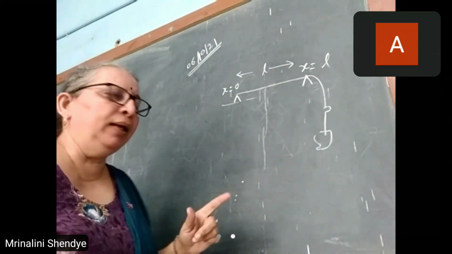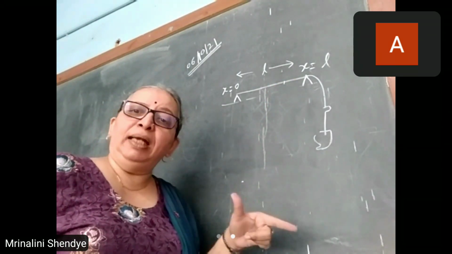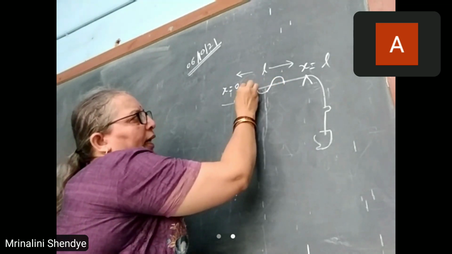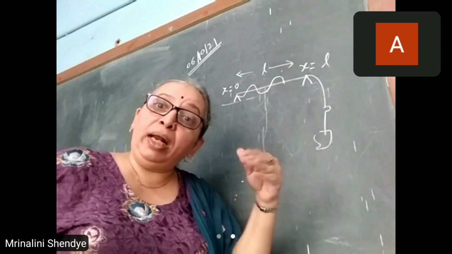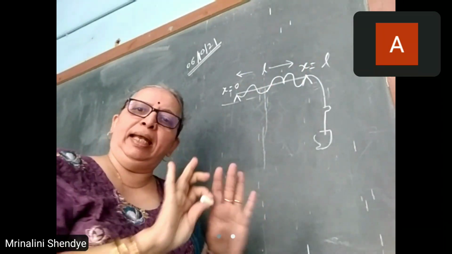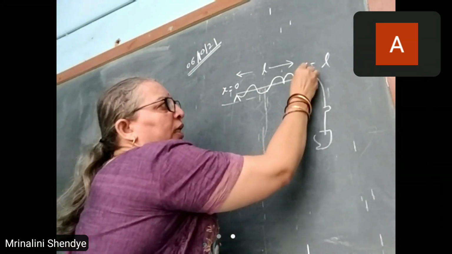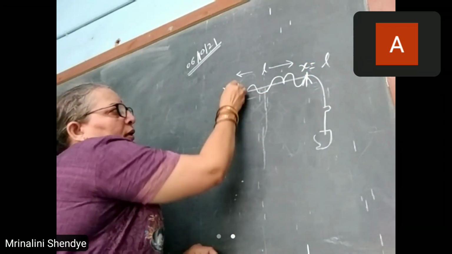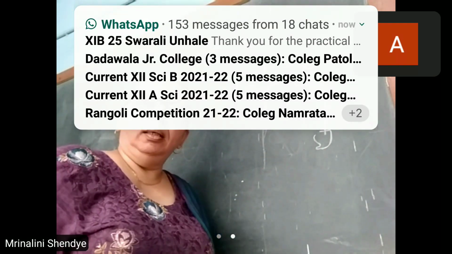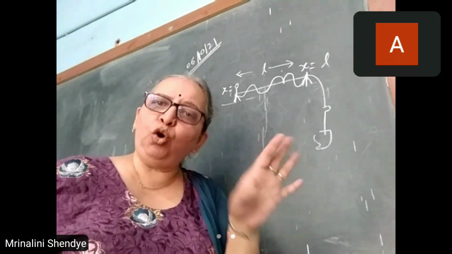What will happen from the point of plucking? These vibrations of the string will be carried over the string in the form of progressive waves, in all possible directions. But when they reach the rigid support, the amplitude will be minimum, that is 0 only.